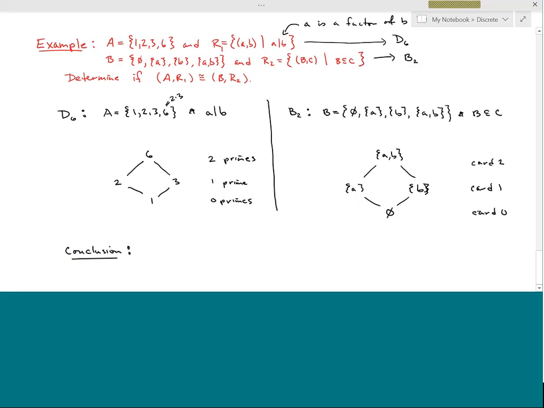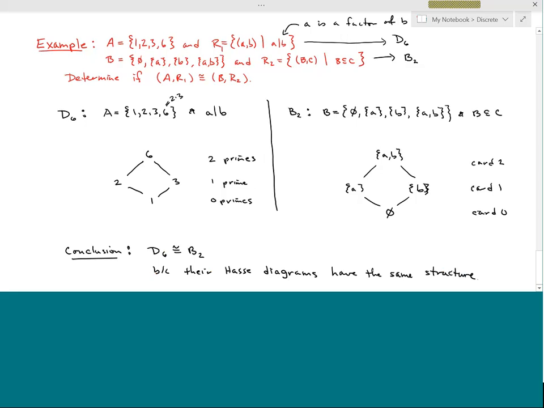Yep, they are totally isomorphic. So in terms of symbols, we could say D6 is isomorphic to B2. The isomorphic symbol looks like an equals with a tilde up top. And this is because their Hasse diagrams look the same. Or let's be a little bit more precise mathematically: their Hasse diagrams have the same structure.